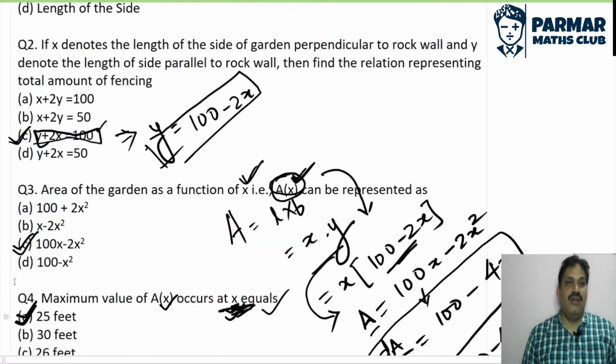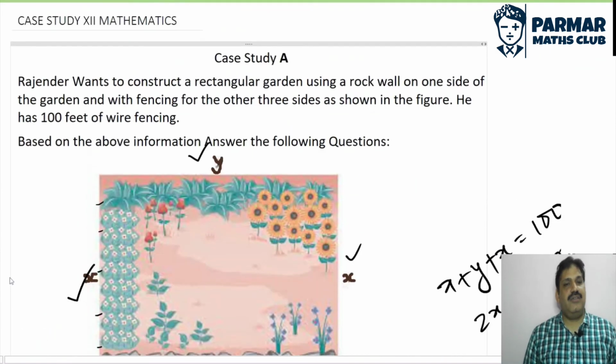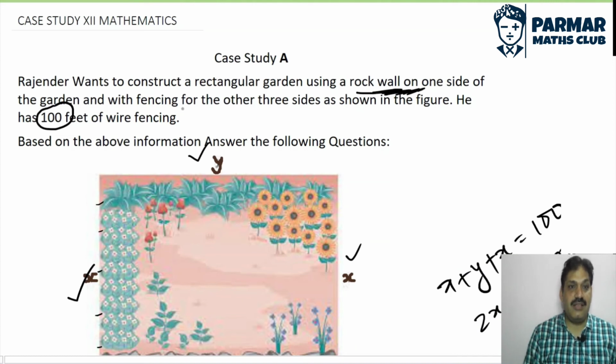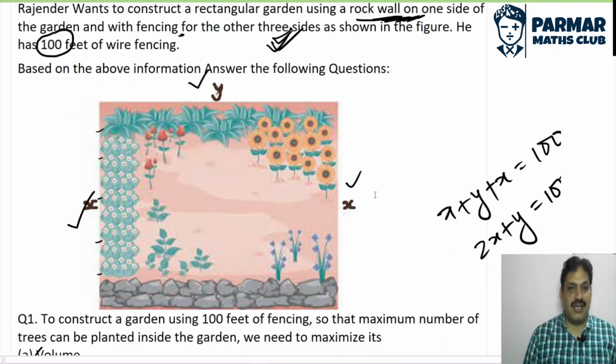See, the very first hint to solve the question is to read the question carefully. This is the length of fencing. The rock wall on one side is to be used, and the fencing is for the other 3 sides only. So when it is asked about the relationship between the length of fencing and x and y, you cannot include this y, because this is the rock wall which is to be used.